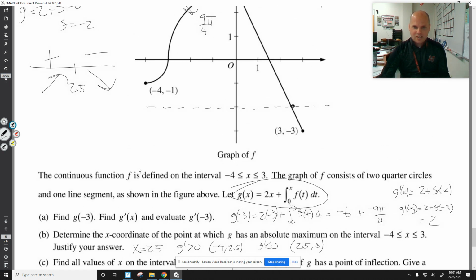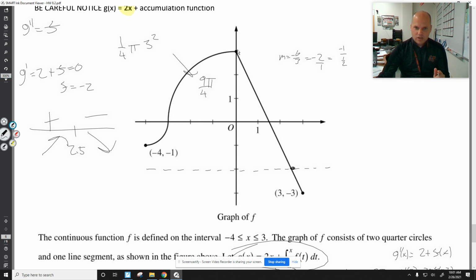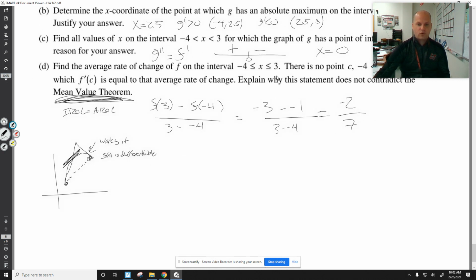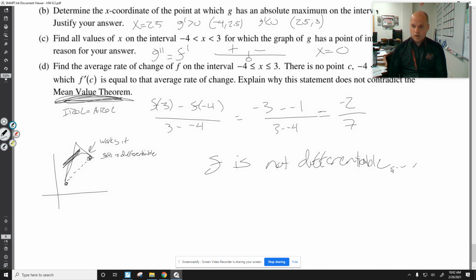Why does this not contradict the mean value theorem in this situation? That's a sharp point, and that also is a vertical tangent. There are 2 locations where our derivative does not exist, which is why we can say, since f is not differentiable on our entire interval, therefore, mean value theorem cannot be applied.